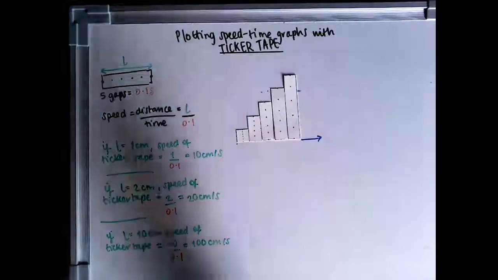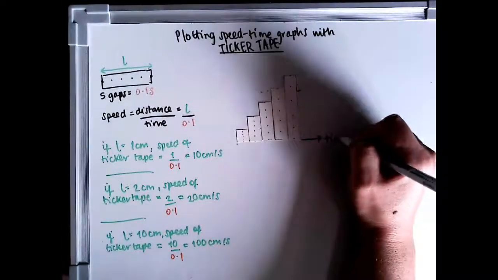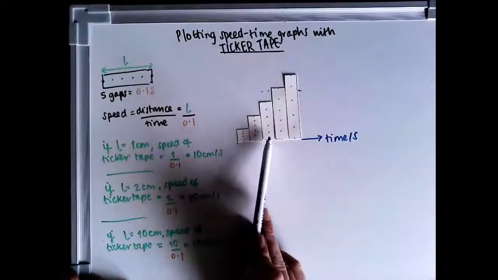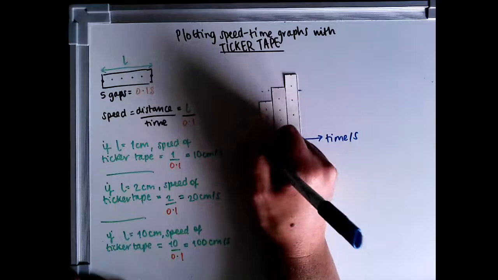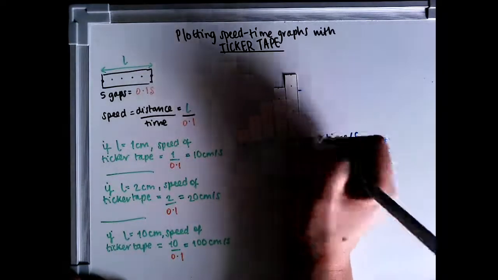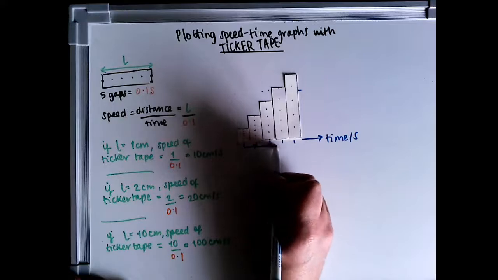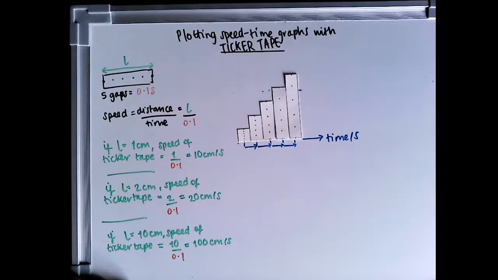that my x-axis can represent time. Okay, the reason I know this is because each section was cut to be 0.1 seconds. Okay, so each gap here between consecutive sets of dots must have taken 0.1 seconds.